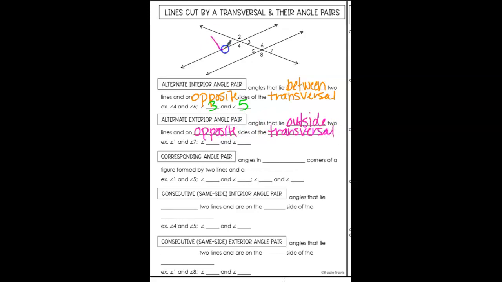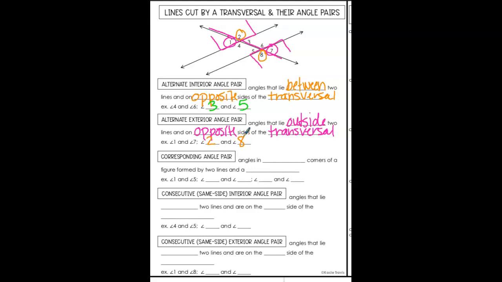Okay, so we have angles on the outside, which would be these ones, and they have to be on opposite sides of the transversal. So we have angle 1 and angle 7, and then we also have angle 2 and angle 8. Okay, again, they're on opposite sides of the transversal, they're on the outside.